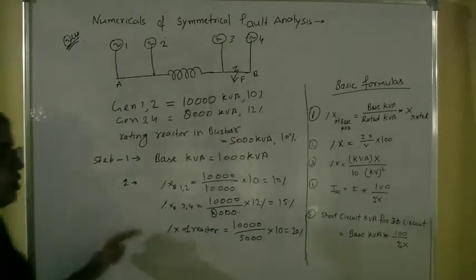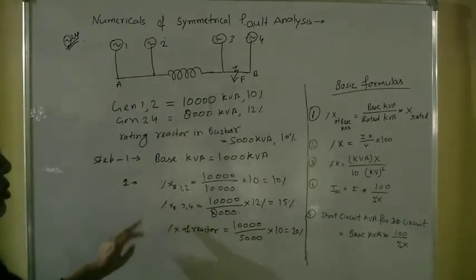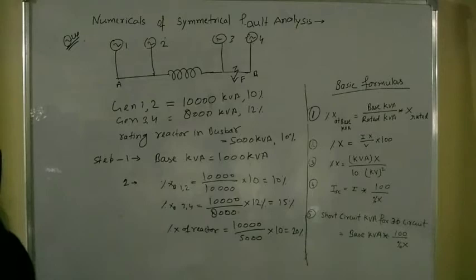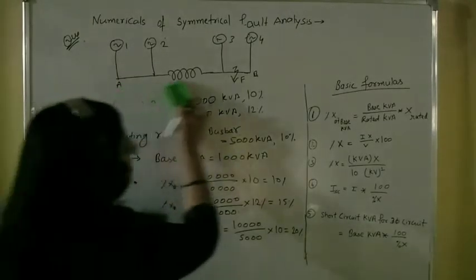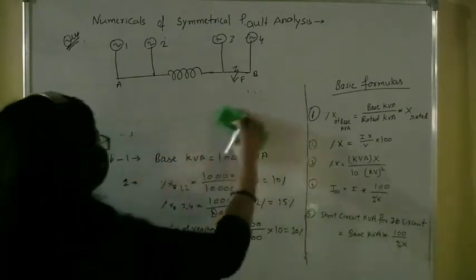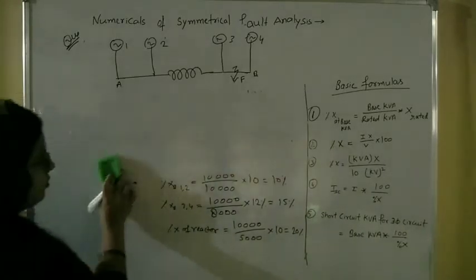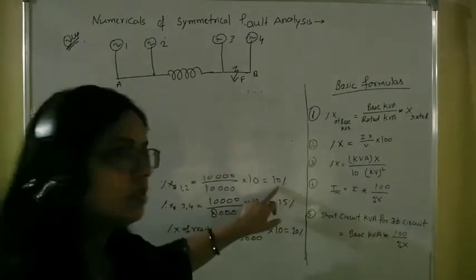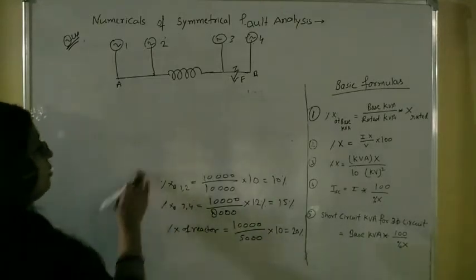Fine. Now what is the next step? Next step is to draw the reactance diagram. How will we draw the reactance diagram here? Actually we will use these reactance values to draw the reactance diagram.